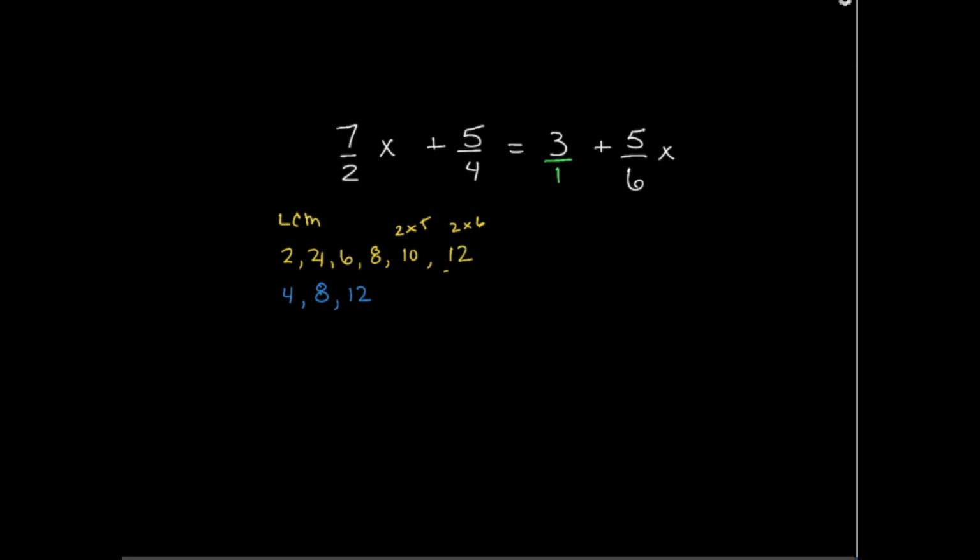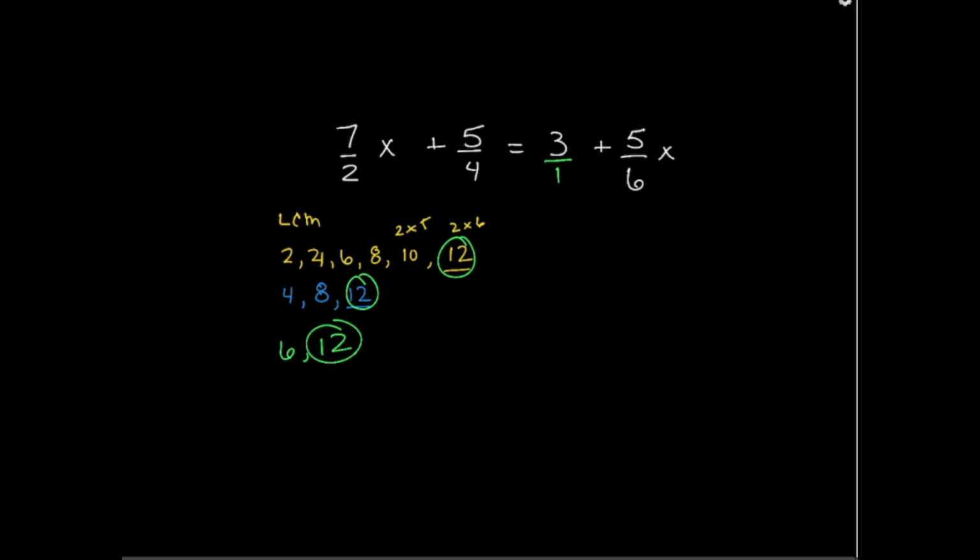So I'm going to stop there because now I have those two matched up. The last number I'm going to use as the multiples of my last denominator, which is my 6. So that is 6 times 1, and 6 times 2 is 12. So I have my lowest common multiple of all of them, which is 12.